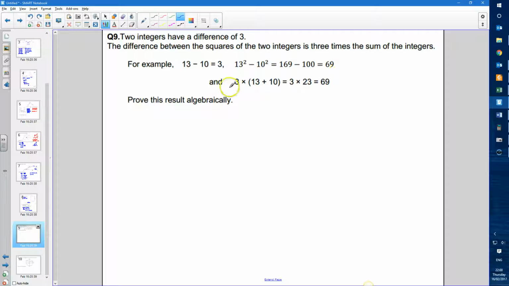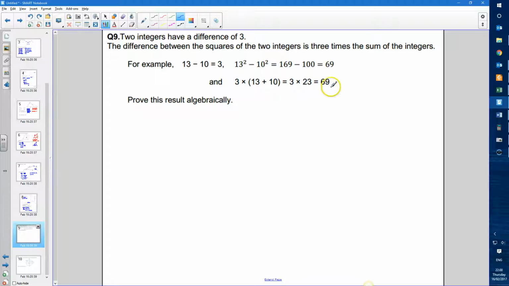And we're also showing that the sum of these two integers, 13 plus 10, multiplied by 3, is also going to be 69. Okay, so the difference between the squares of the integers was 69, and also 3 times the sum of the integers was also 69.